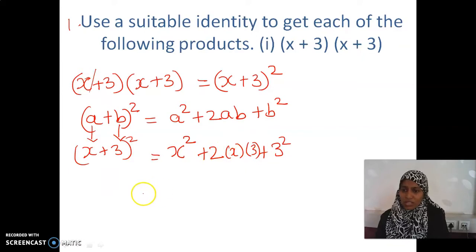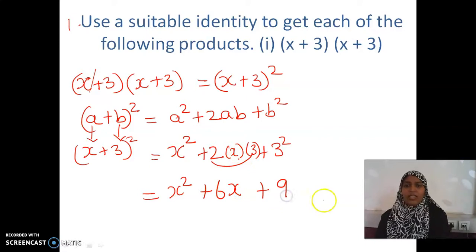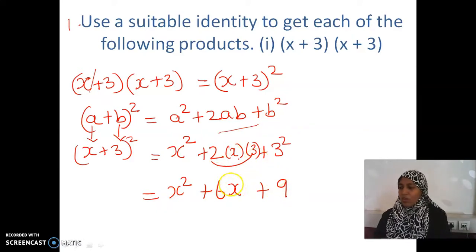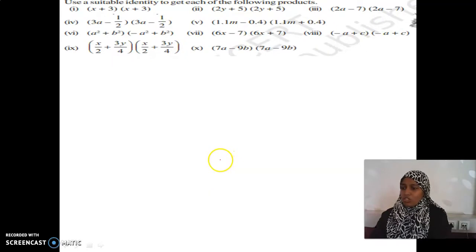So on the whole, what is the answer now? x squared, 2 3s are 6, x, plus 3 squared is 9. It's very simple, children. Only thing is, you will take some time to write the expressions. Write the identity here, then find the answer. That's all. Is it clear? Shall we move to the next question now? Now I am going to teach you the fourth question. Here.